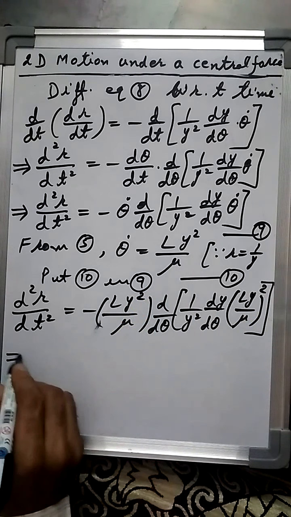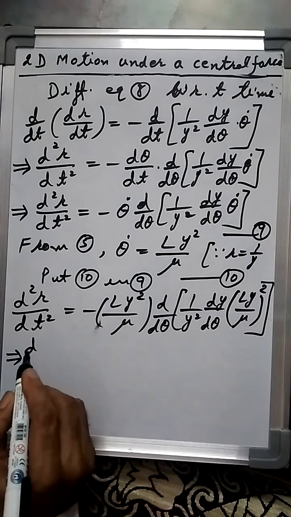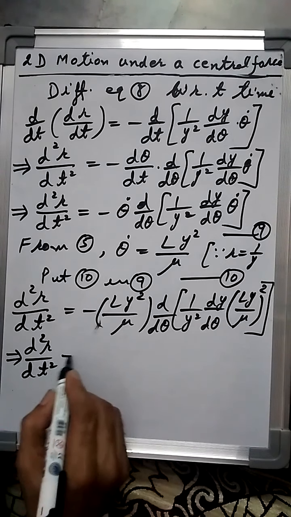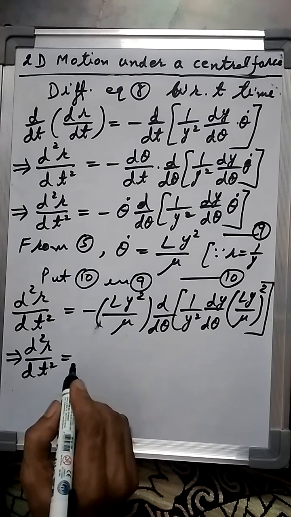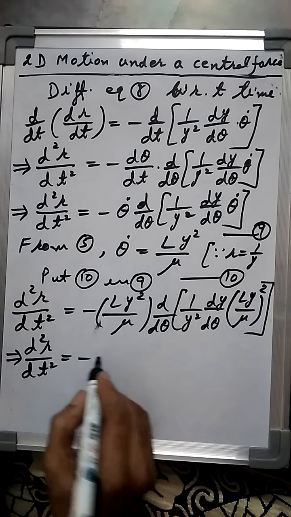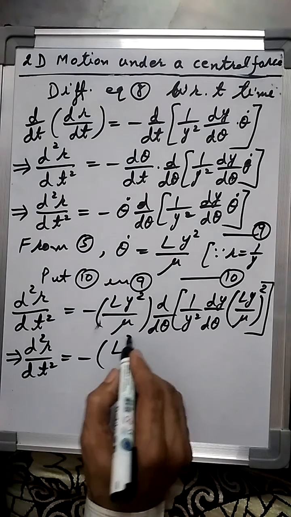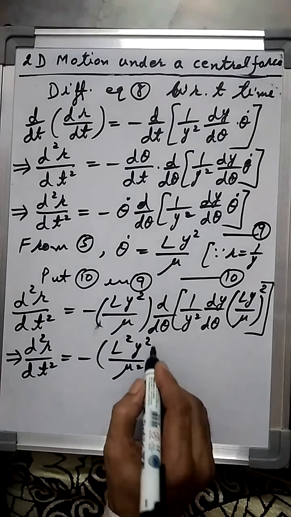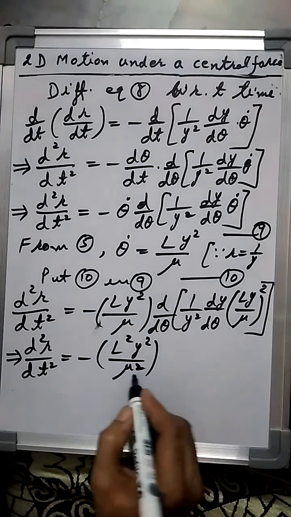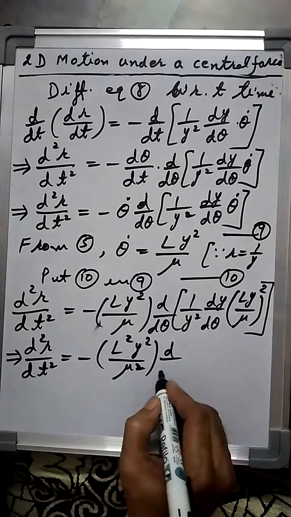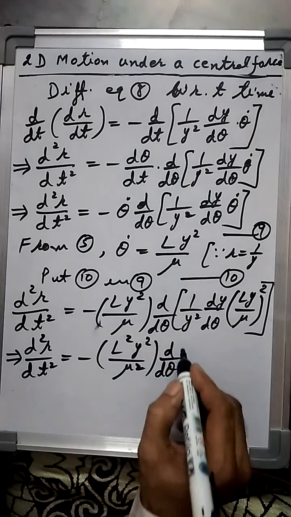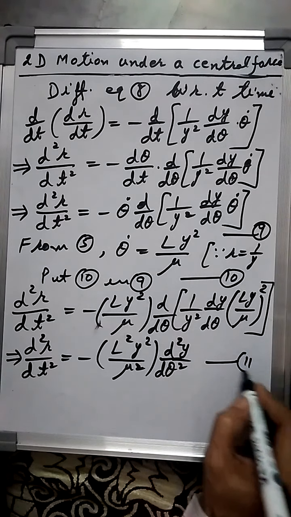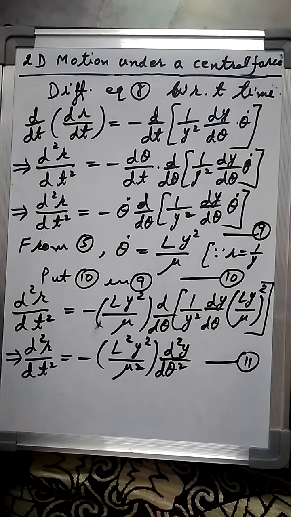So this will give us d square r by dt square is equal to minus L square y square by mu square, d by d theta, or we can write d square y by d theta square. Simple mathematical simplification. Equation number 11, let us call it.